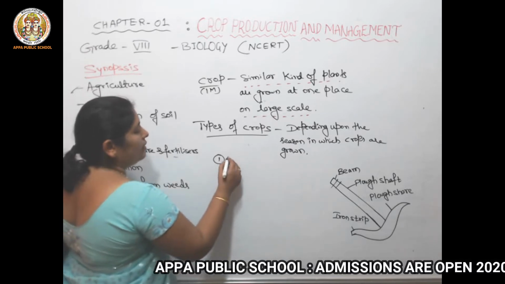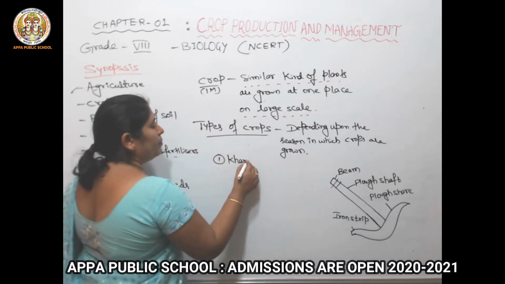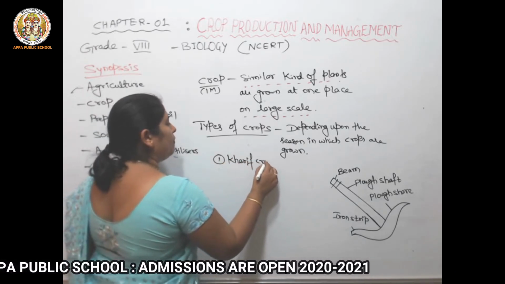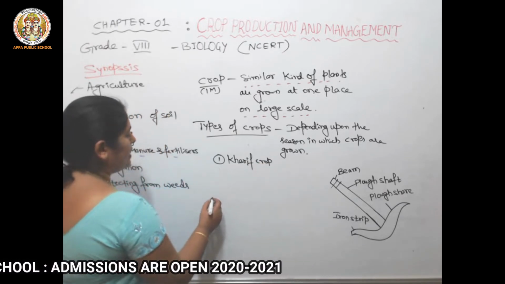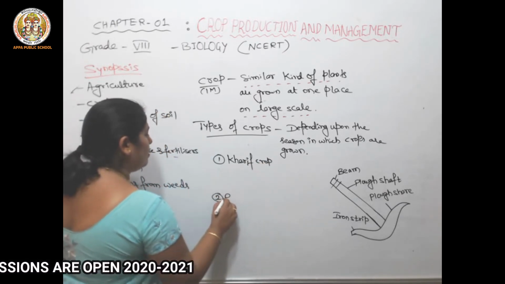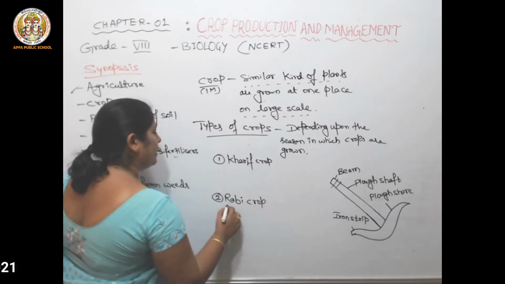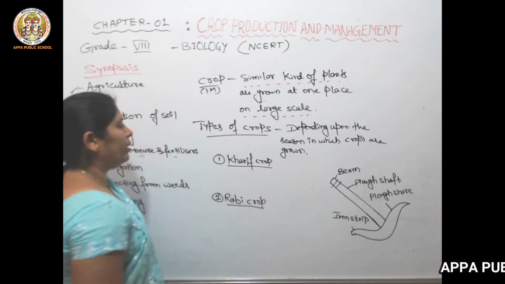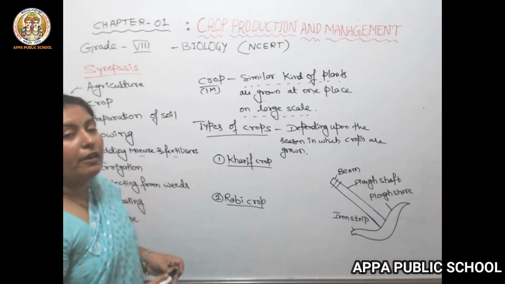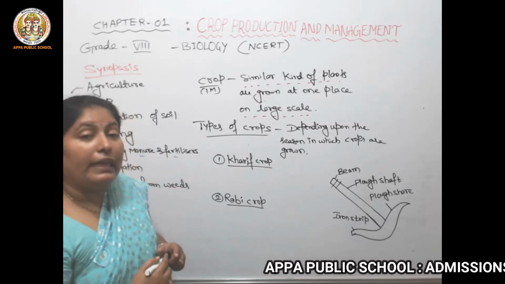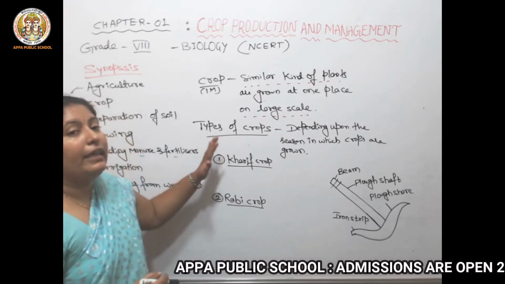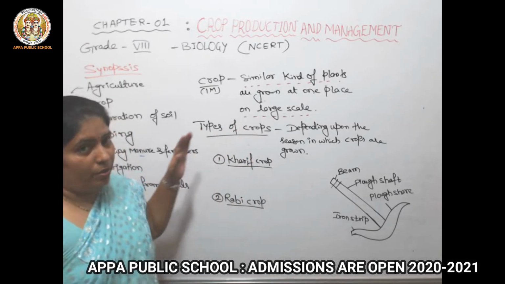The first one is kharif crop. And the second one is rabi crop. Okay, these are the two types of crops classified depending upon the season in which they are grown.